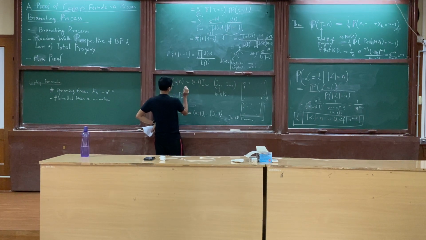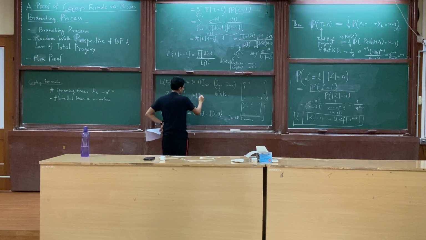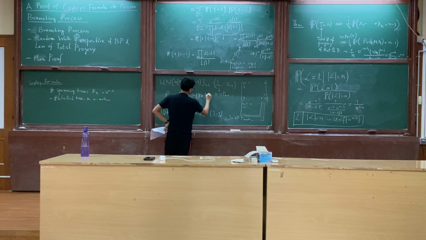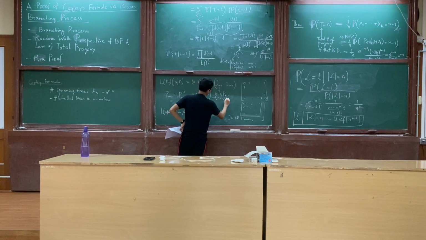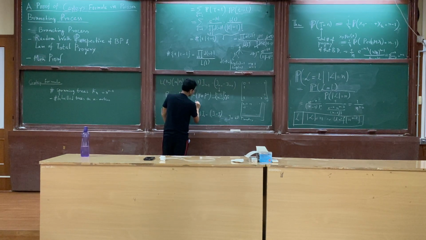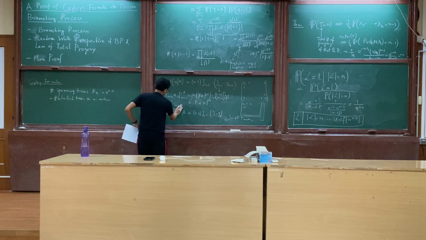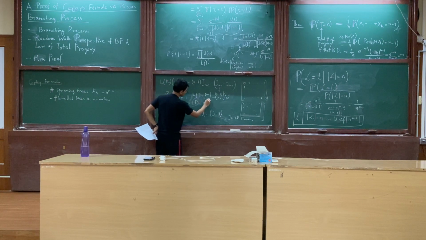So this becomes n times P perpendicular plus 1 times P, and this is one projection, this is another projection.